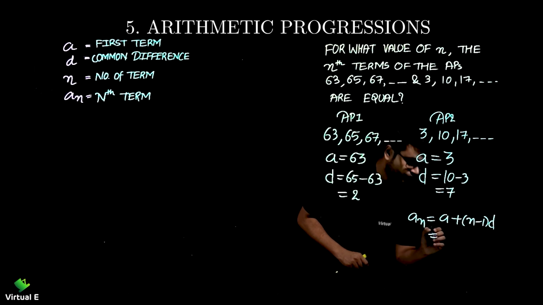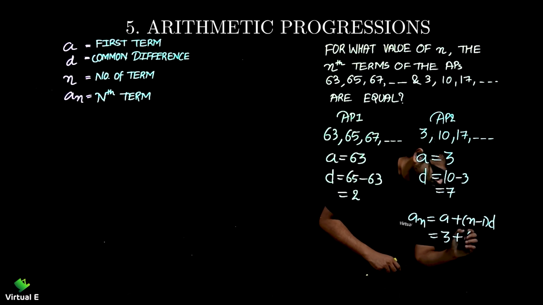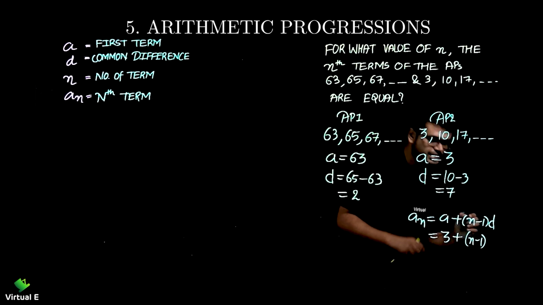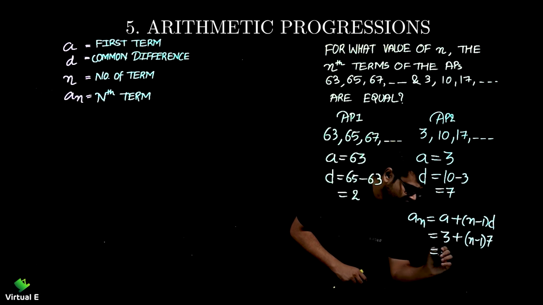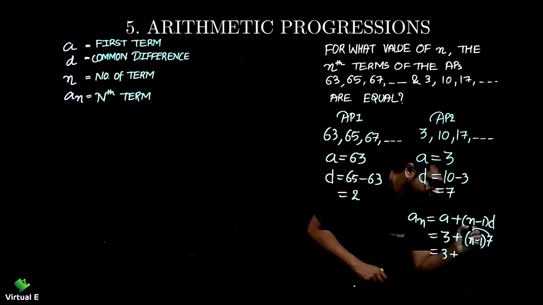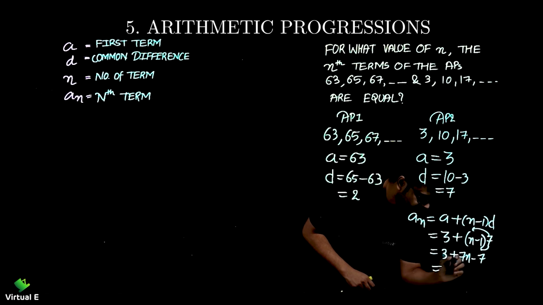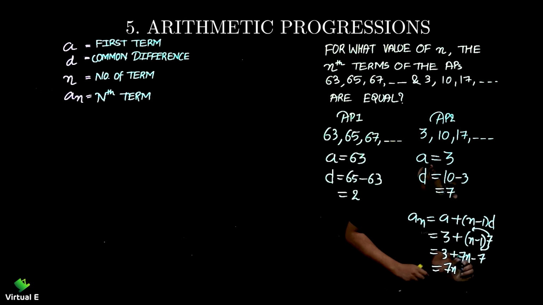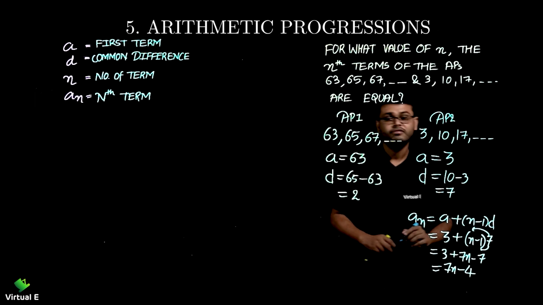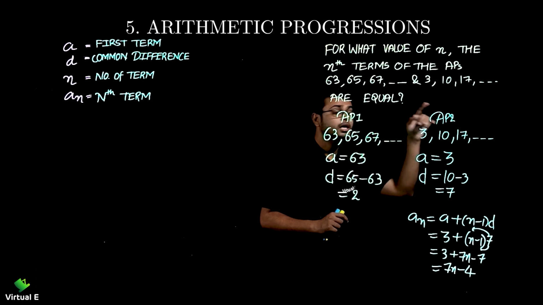Value of a is 3, plus n minus 1 as it is, and d is 7. So 3 plus I will be multiplying 7 with each term one by one: 7n minus 7. So 7n as it is, and 3 minus 7 gives you minus 4. So this is my nth term for AP2.